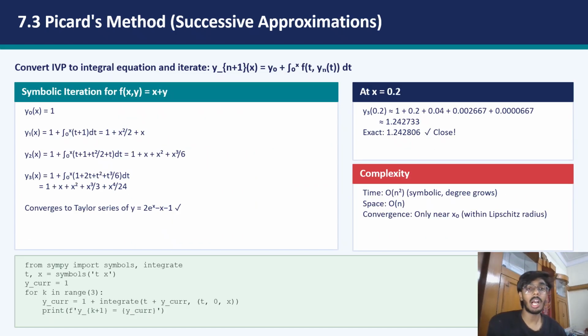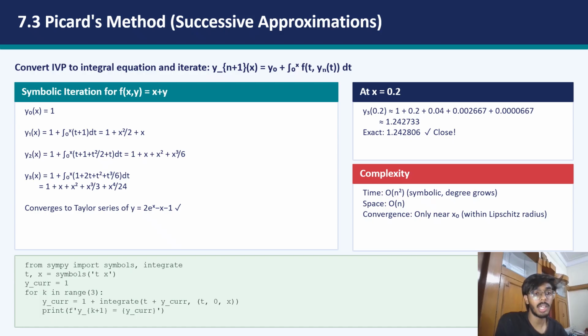The third is the Picard method, successive approximation. We convert to the integral equation and iteration: y(n+1)(x) equals y0 plus the integral from 0 to x of f(t, yn(t)) dt. We will use this formula with f(x, y) equals x plus y. For y0(x) we will obtain 1.